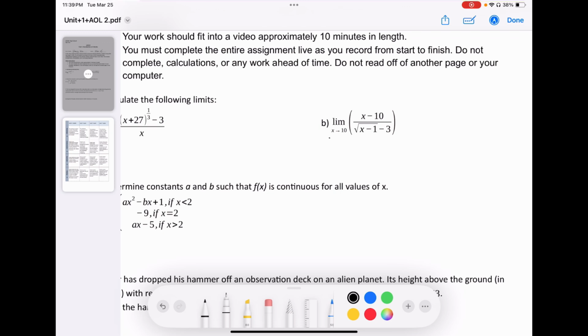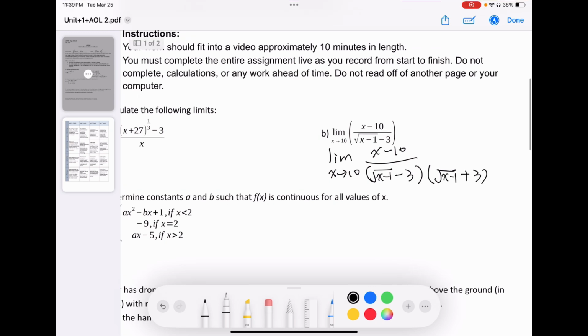So it'll be the limit as x approaches 10 of x minus 10, and then we can factor this into x minus 1 minus 3, and we can use the difference of squares. So just copy this down, and then it'll be plus 3, and also over here it's plus 3.